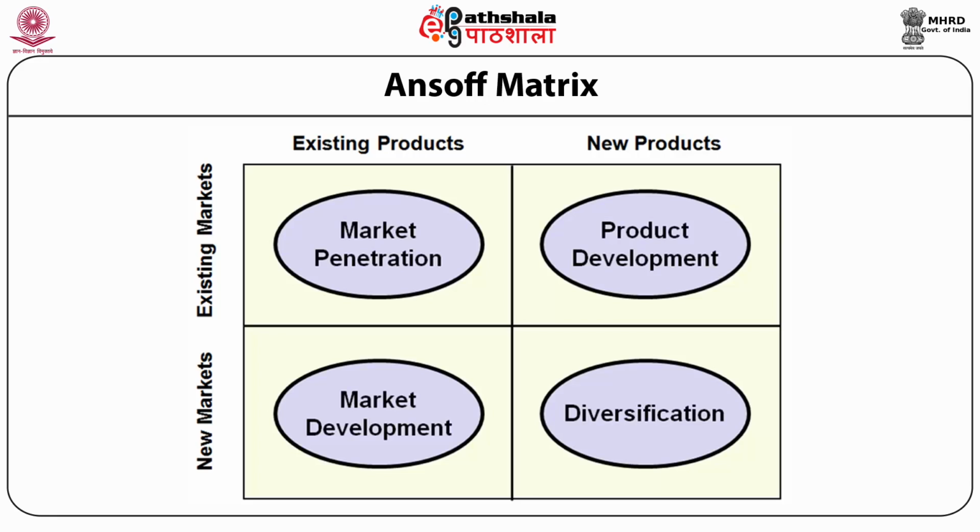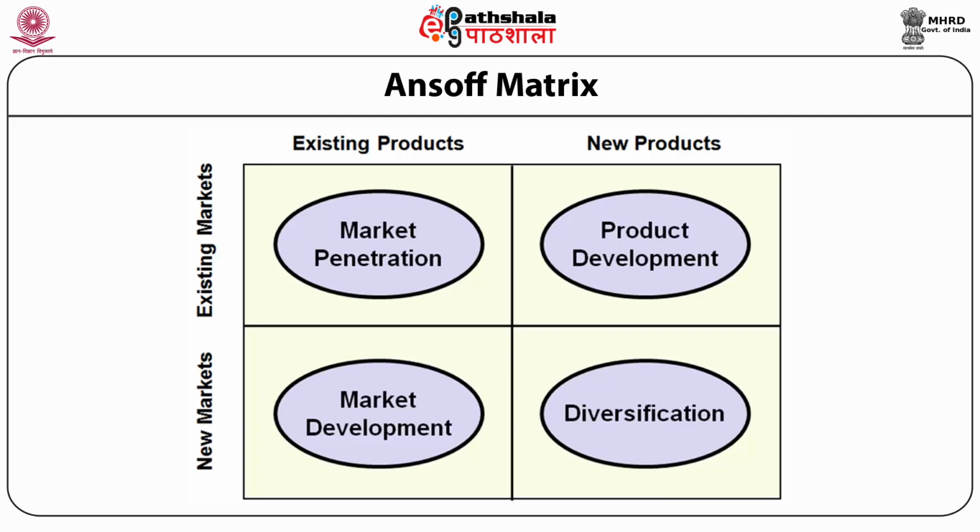If you see, there are 4 combinations in this matrix. The first combination talks about that the firm chooses existing products to serve the existing markets. That strategy has been named as market penetration. If the firm chooses to use existing products to serve the new markets, the strategy has been named as market development strategy.